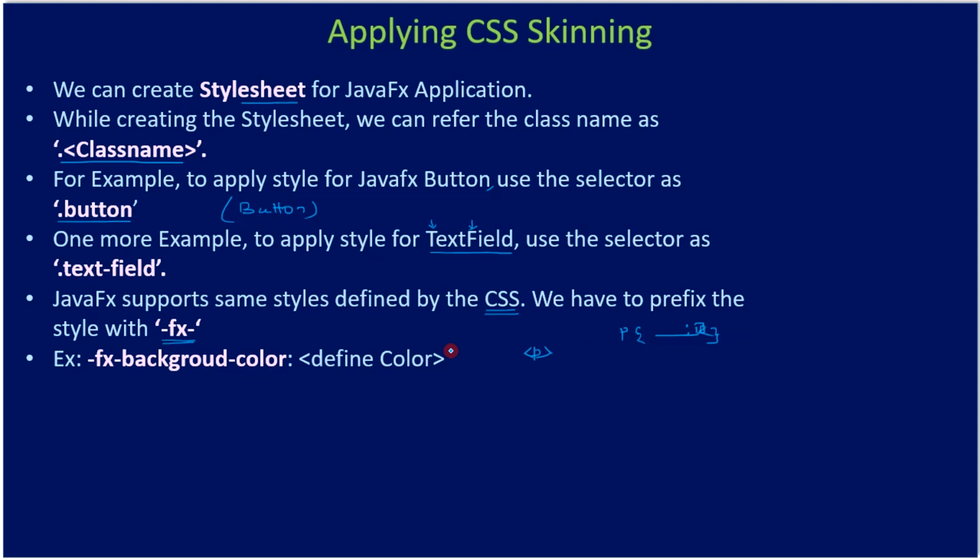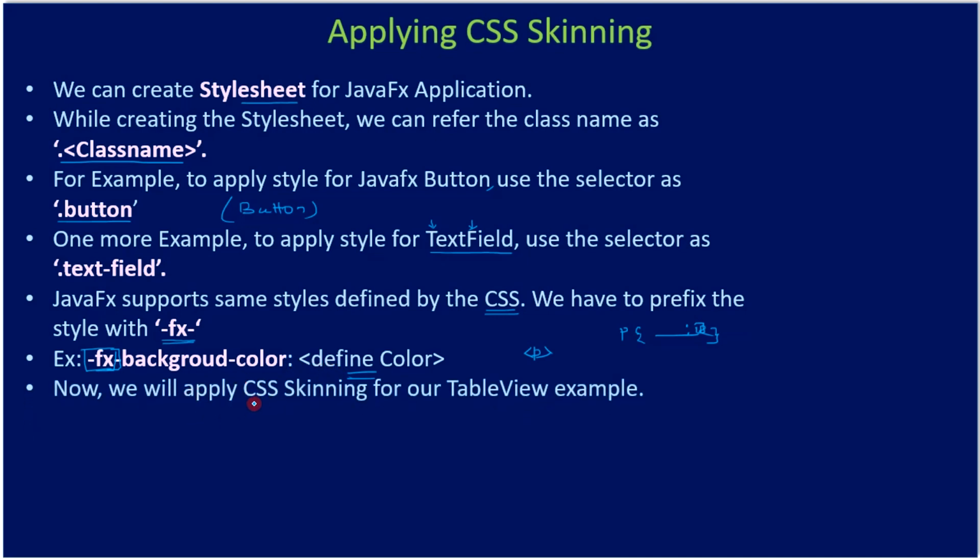The same way, if you want to apply style for some of the classes, button or text field, you have to prefix the same CSS style with -fx-background-color. Then define the color red, blue, or even a hexadecimal value that denotes the red, green, blue components.